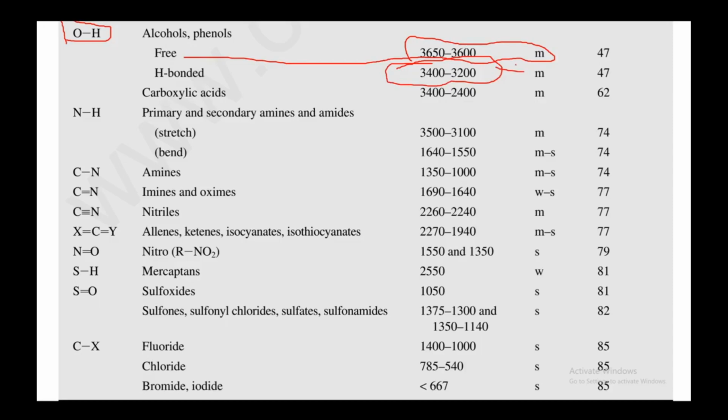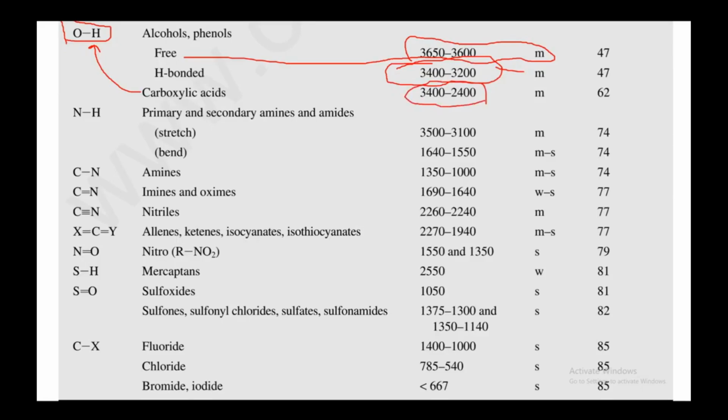The hydrogen bonded OH group appears at around 3400 to 3200, whereas the free oxygen hydrogen bond appears at higher wave number, 3650 to 3600. But the OH group present in carboxylic acids is all the way different than alcohols and phenols, because it gives you a broad peak from 3400 to 2400.